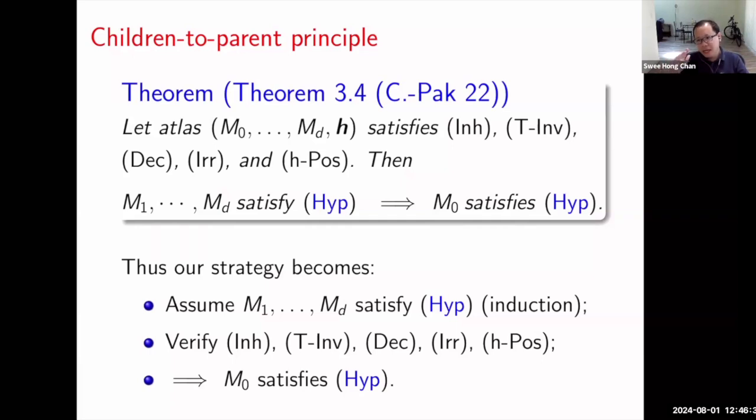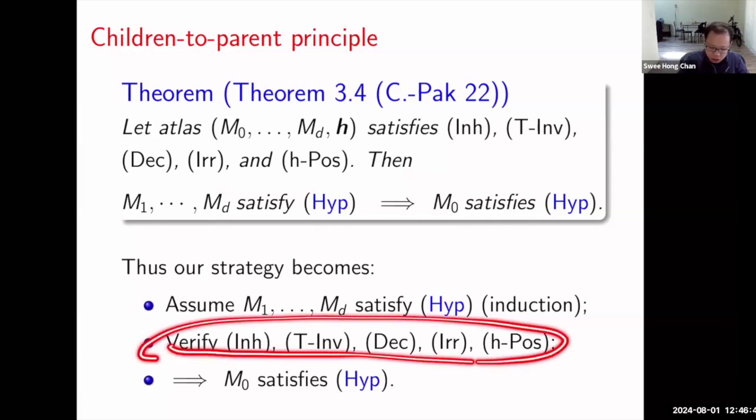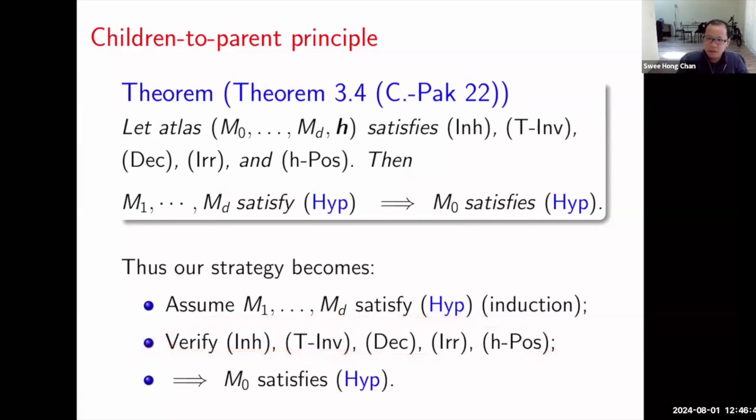Our strategy becomes much simpler now. So first, you verify this condition, the 5 conditions, the ones that we did in the previous slide. Then we do induction. By induction, we will look at the very simple case when the matrix is hyperbolic, which is easy to check, maybe by direct calculation.